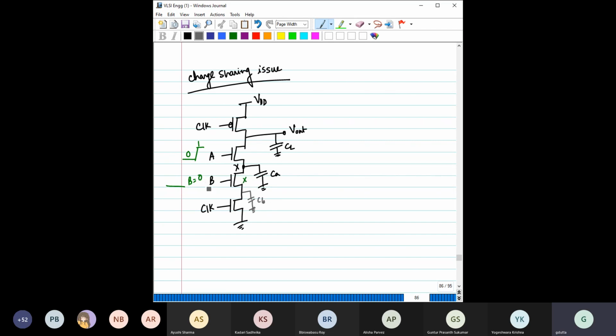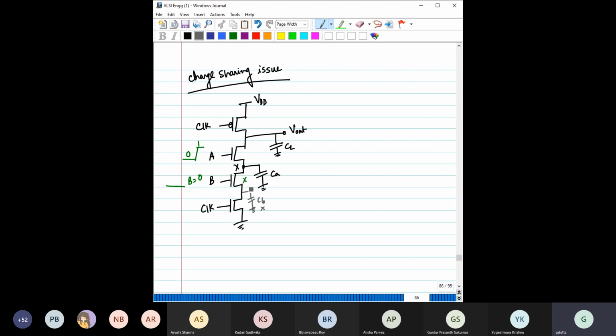That means this transistor will never turn on, so there will not be an issue of charge sharing from CL to CB. If this also goes on, then we have to account for both CA and CB. To make our analysis simple, we are assuming B is equal to 0, so we are not considering the effect of CB.